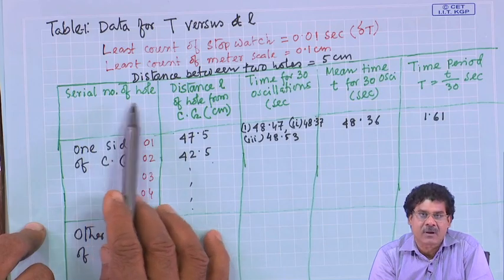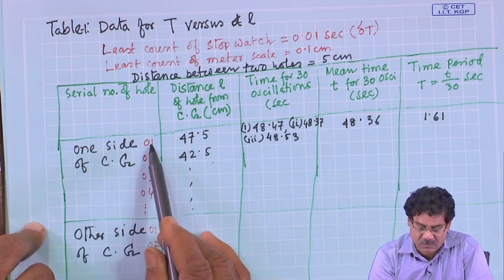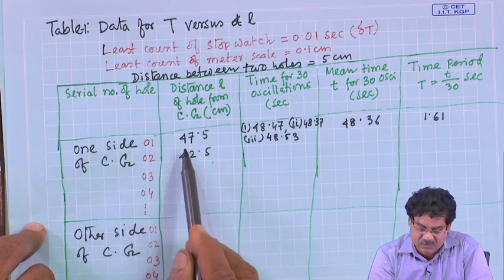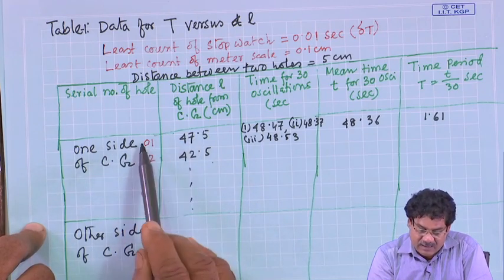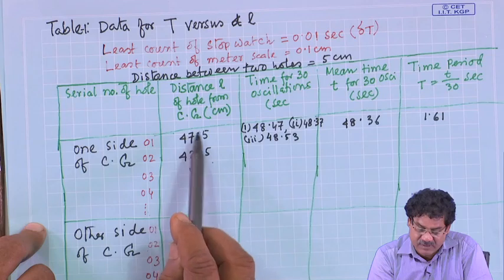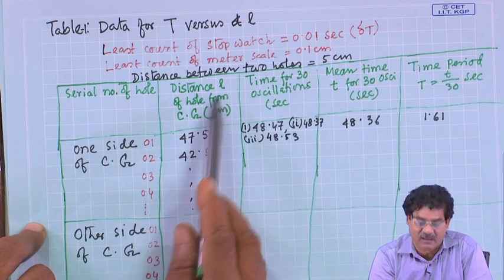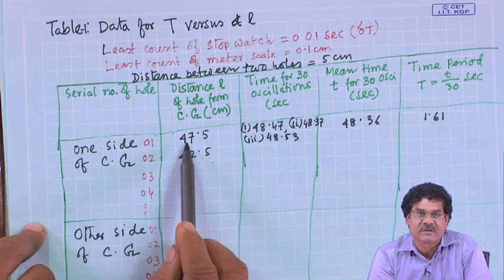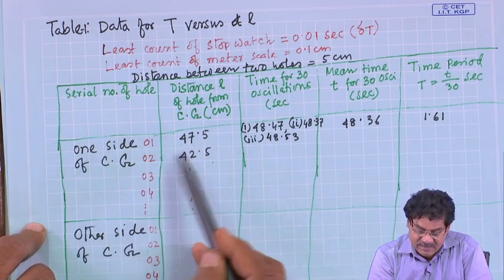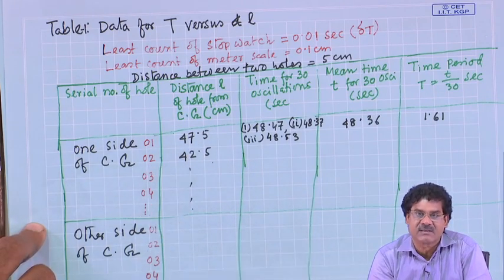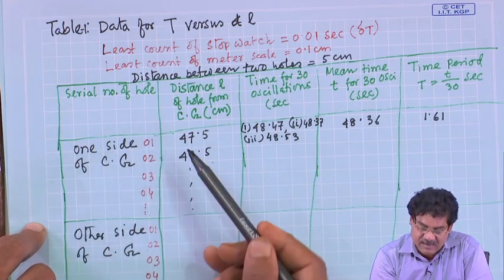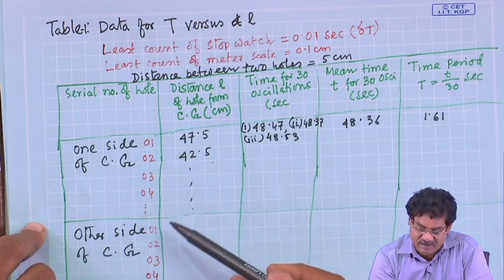Then the serial number of holes: holes 1, 2, 3, 4 from the top. Note down the distance L of the hole from the center of gravity. That is, say, 47.5. Then for the next one, you are reducing: you started from the top end and now come down towards the center of gravity.